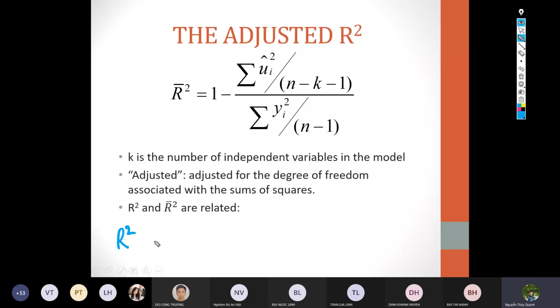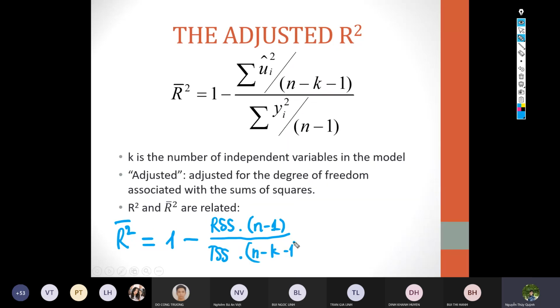R square bar, the adjusted coefficient of determination, is equal to 1 minus RSS multiplied by n minus 1, because this one is in the denominator of the denominator so we can put it in the numerator, divided by TSS times n minus k minus 1.